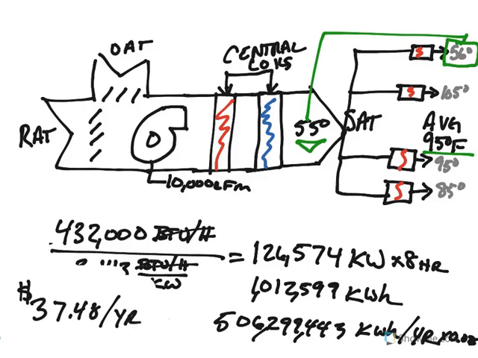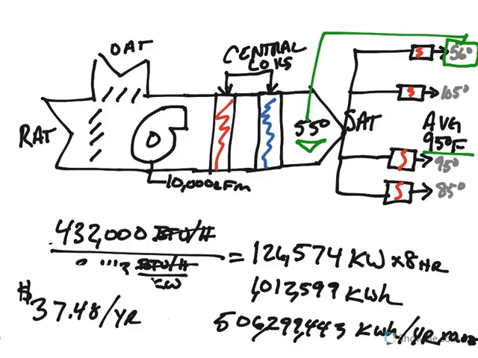And again, you have to use the logic in your head to say, okay, what does the electricity cost my house for the course of a year? You probably don't pay $37 a month. So when we come up with these equations that come up with $37 a year for a 50,000 square foot building, it just doesn't make sense.